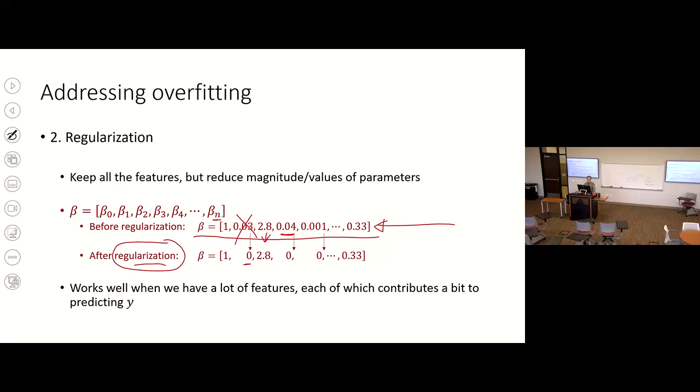And this one is too small, so it's not very useful. It contributes too little to the overall fitting, so we regularize it to 0, and we keep the big ones. This process is called regularization: to trim off unnecessary contribution of the small regression coefficients in order to avoid the overfitting problem.